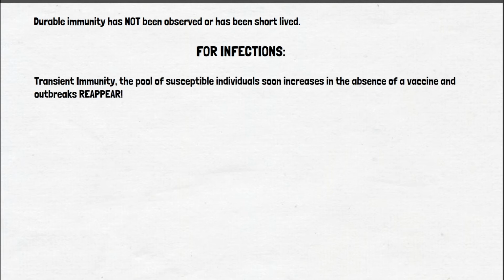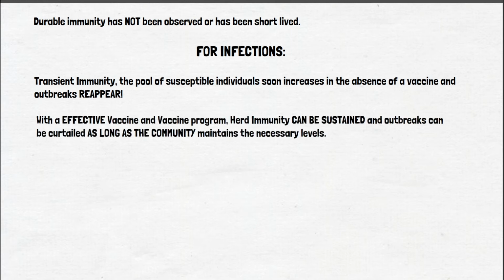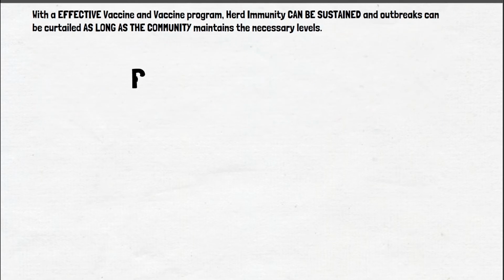For infections that produce transient immunity, the pool of susceptible individuals soon increases in the absence of a vaccine, and unfortunately outbreaks start to reappear. But with an effective vaccine and vaccine program, herd immunity can be sustained even if periodic vaccination is required to do so, and outbreaks can be curtailed as long as the community maintains the necessary levels.